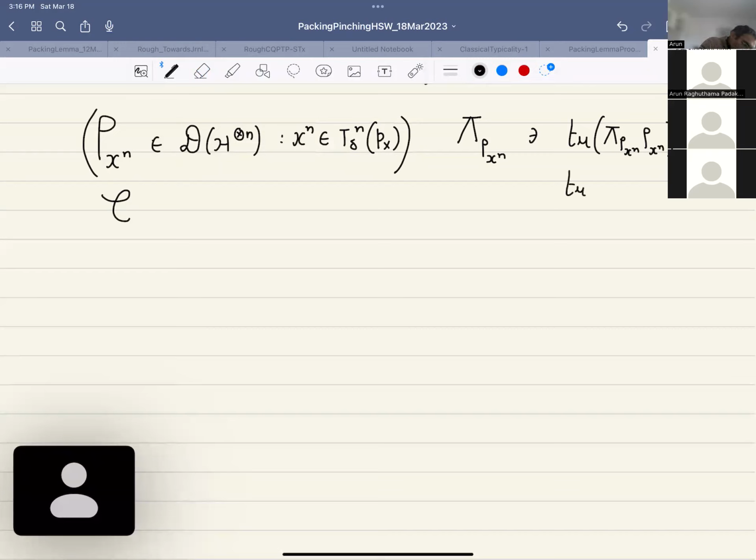I also know that these trace Π rho x^n's are less than 2 to the power n times this quantity, sum over a of p_x(a) S(rho_a). Actually, I have not posted the homework yet, so I should do this. This I know. So two parts of the hypothesis are in good shape.